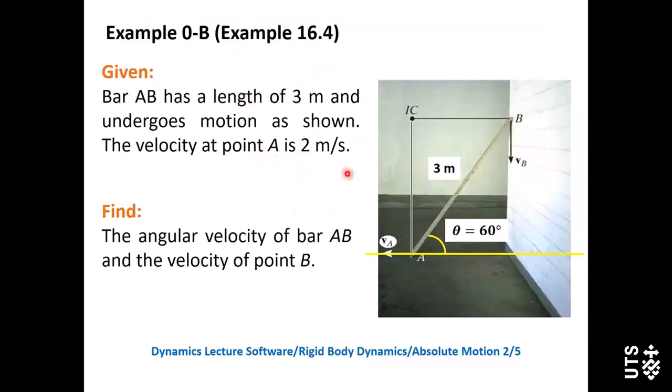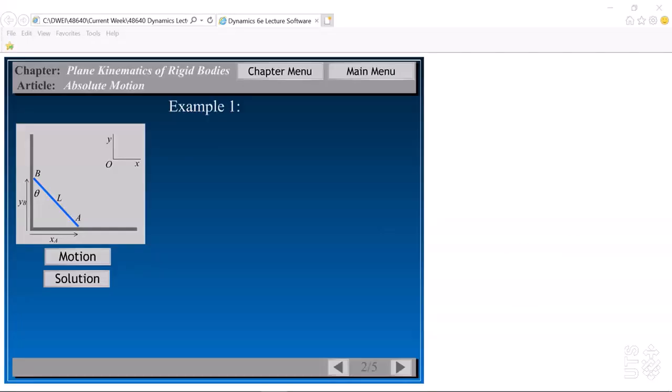Here is another example. We talked about this in the first part of week 1. We know when this bar slides down against the wall, this motion should be a general plane motion.